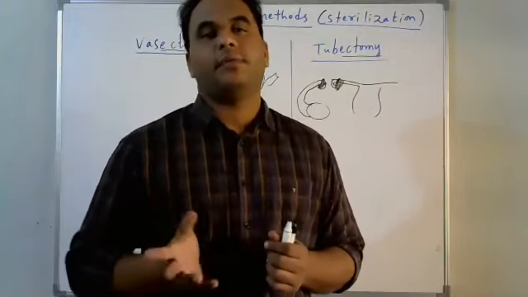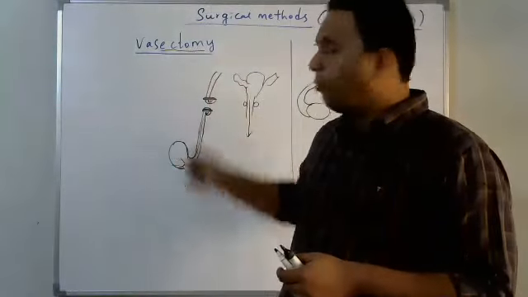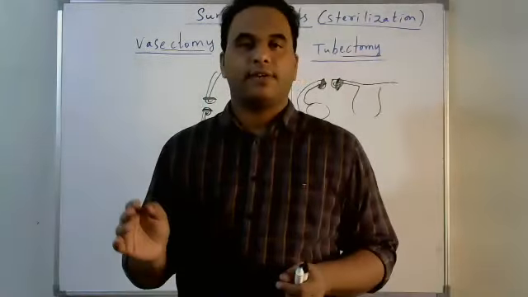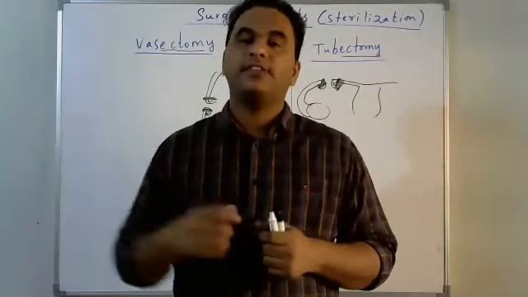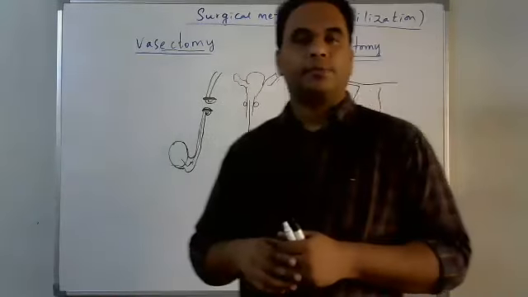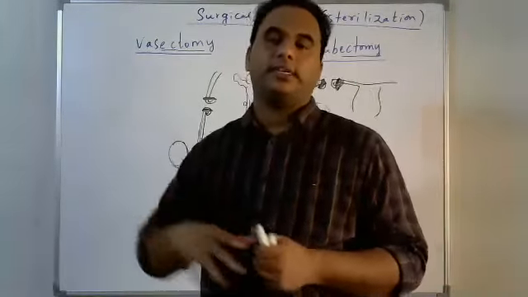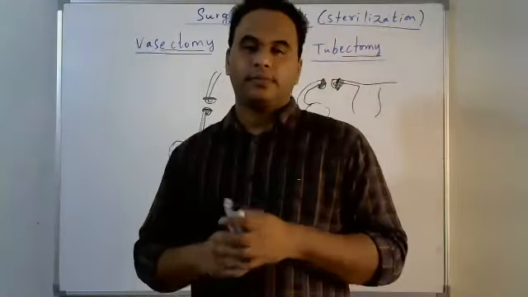In males and females, a small part of vas deferens is removed or tied up through a small incision on the scrotum. They are shown like this, but on the scrotum only it will be tied.